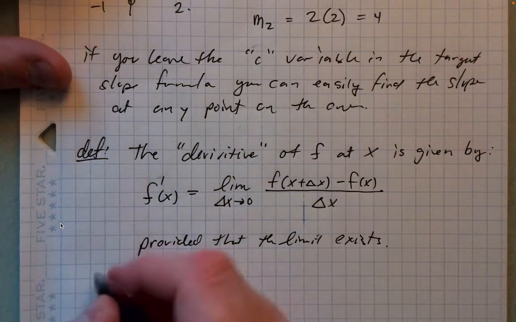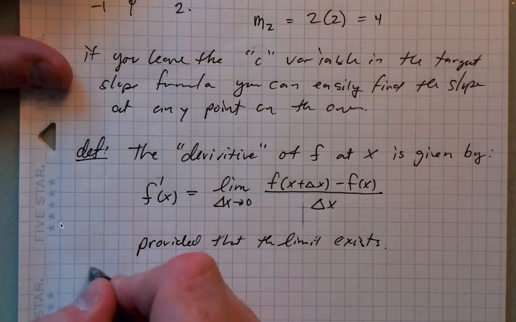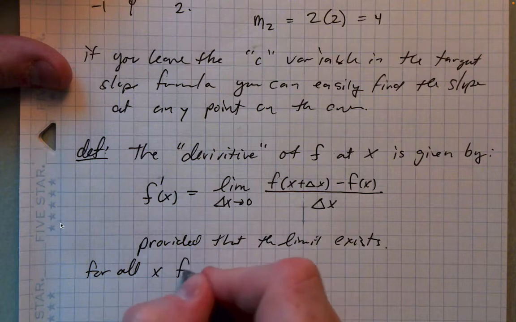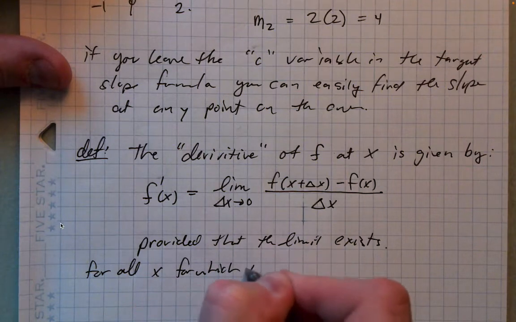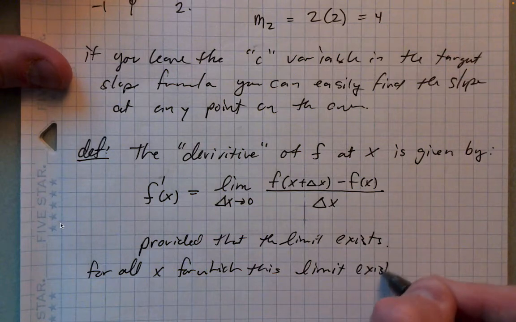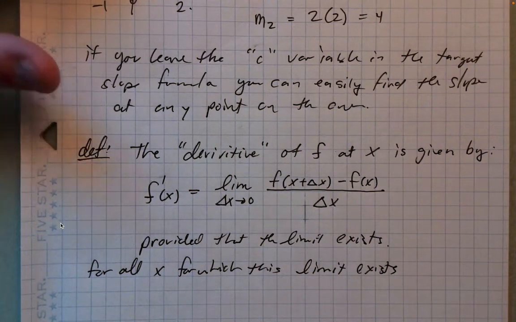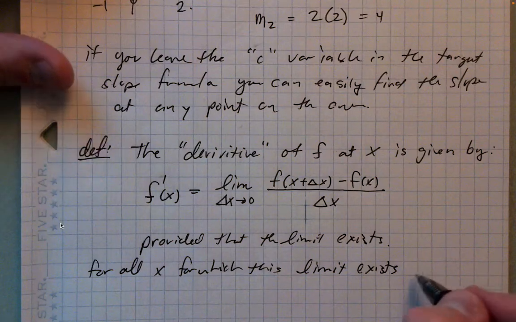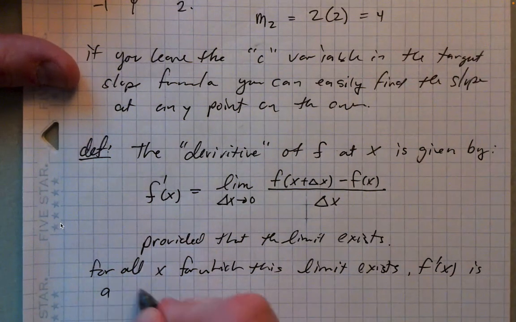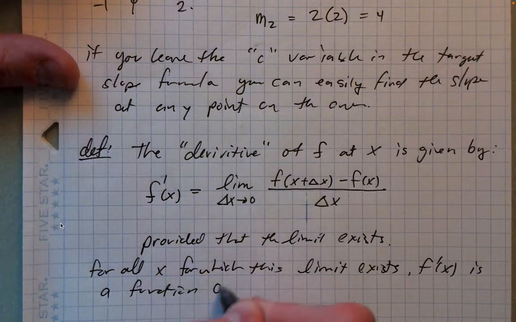Okay, and so what we say then is for all x for which this limit exists, f prime of x is a function of x.